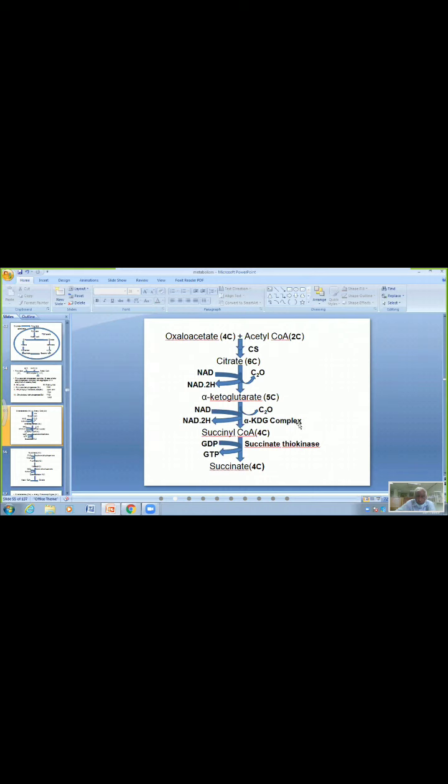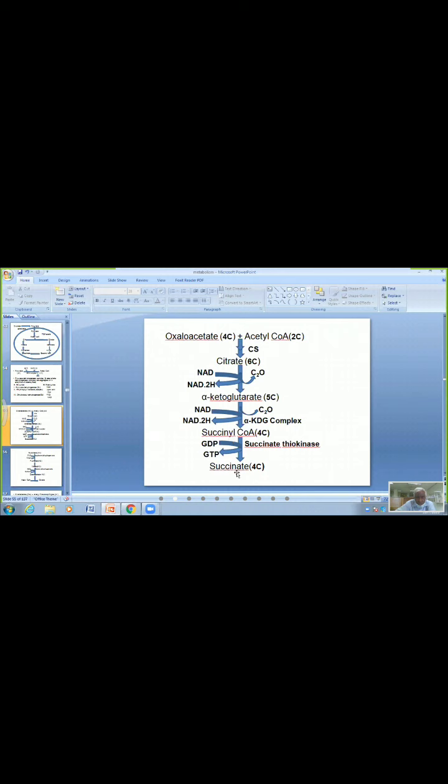This alpha ketoglutarate dehydrogenase and the pyruvate dehydrogenase complex are called complexes because they have 3 enzymes and 5 coenzymes. Okay, and succinyl CoA is converted to succinate.